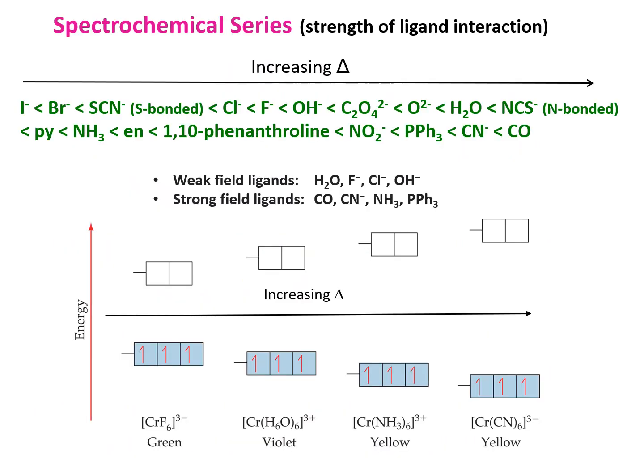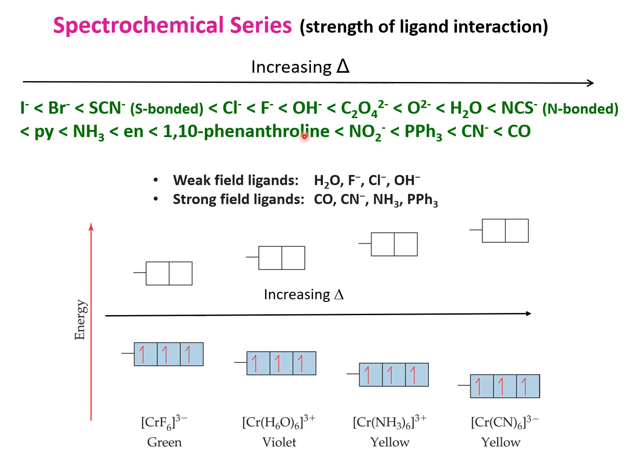Let us see what you mean by spectrochemical series in terms of increasing delta. It is a series in which the ligands are arranged in increasing order of splitting energy.